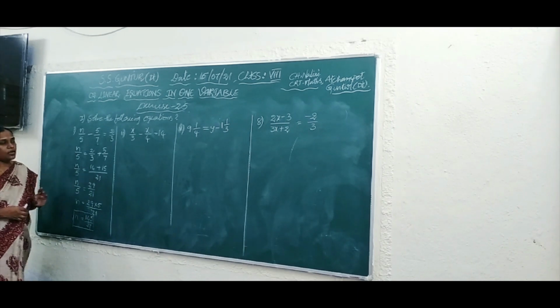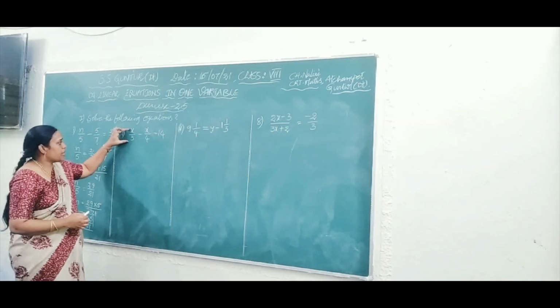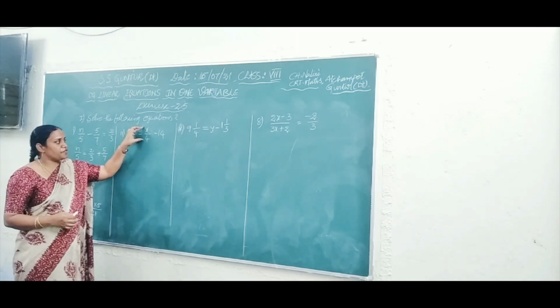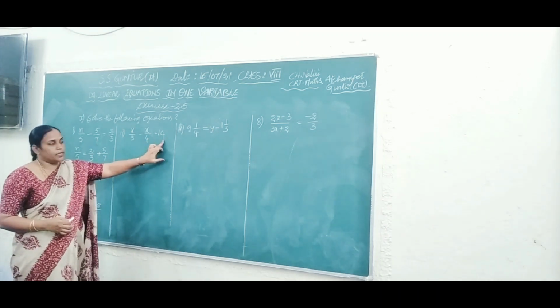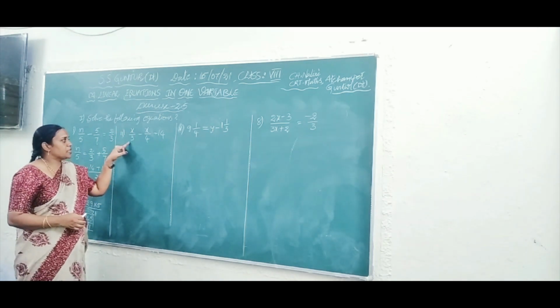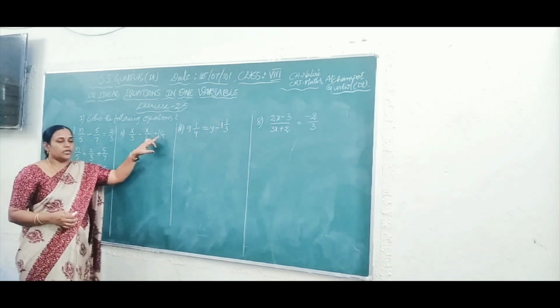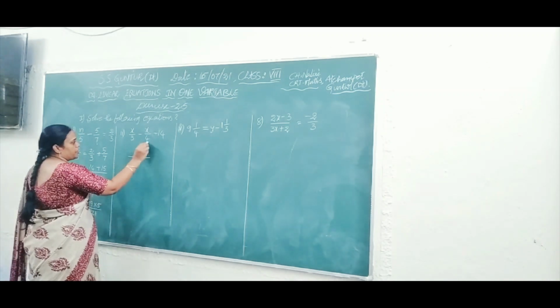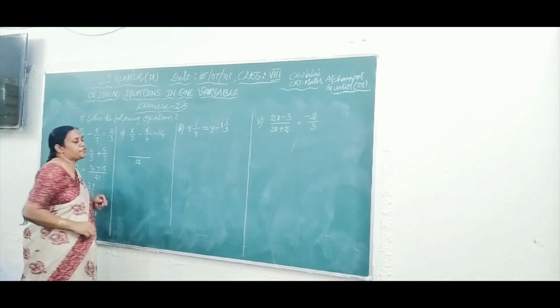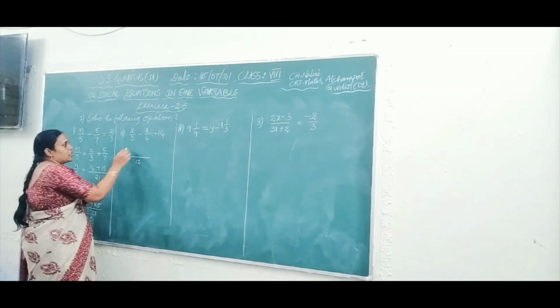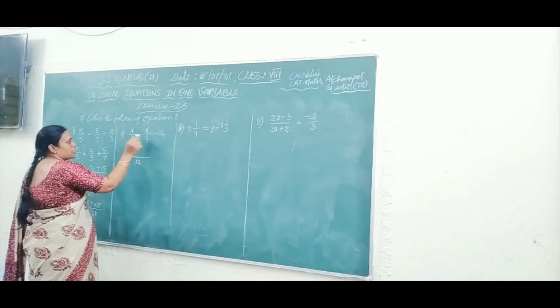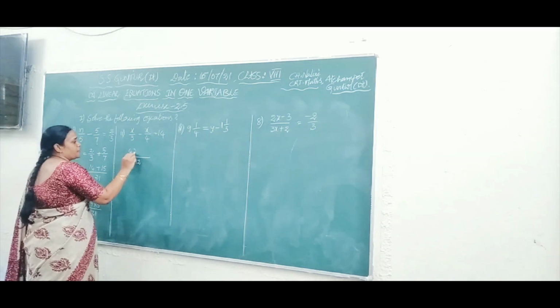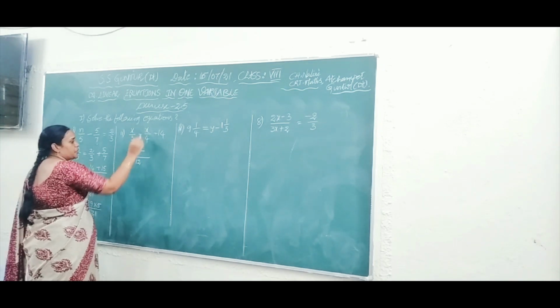x by 3 minus x by 4 is equal to 14. What is the problem? x by 3 minus x by 4 is equal to 14. Taking LCM of 3 and 4, 3 4s are 12. By doing cross multiplication, 4 into x, 4x, minus 3 into x, 3x, is equal to 14.